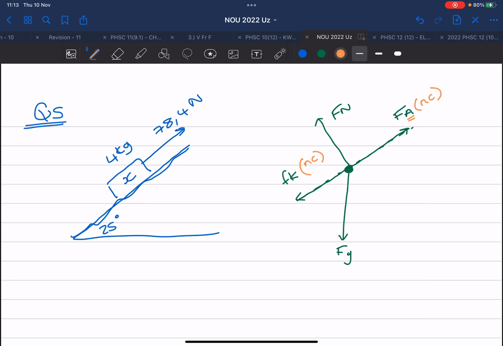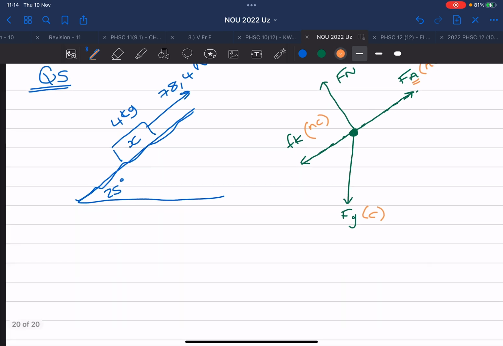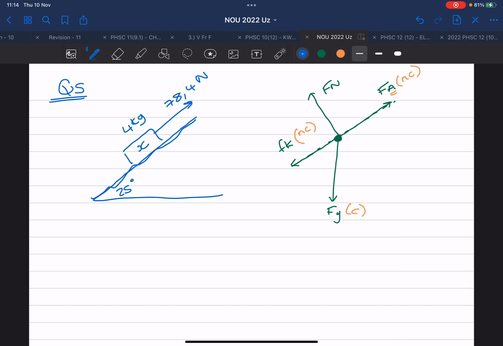If G does not need to touch, jy hoef nie die aarde te raak vir gravitasie om jou af te trek nie. So that means it's a conservative force. And Fn is the one that I said it's actually a non-conservative force, but people say it's a conservative force. Maak nie eintlik saak nie. Actually doesn't matter.